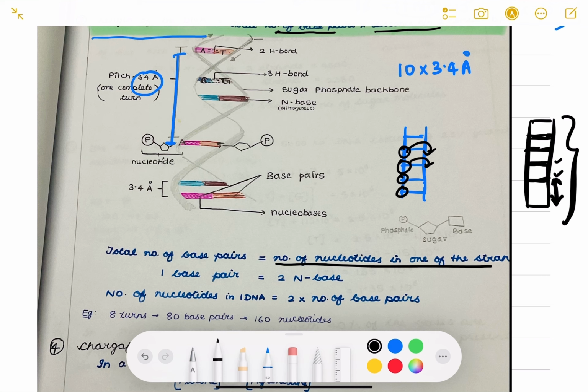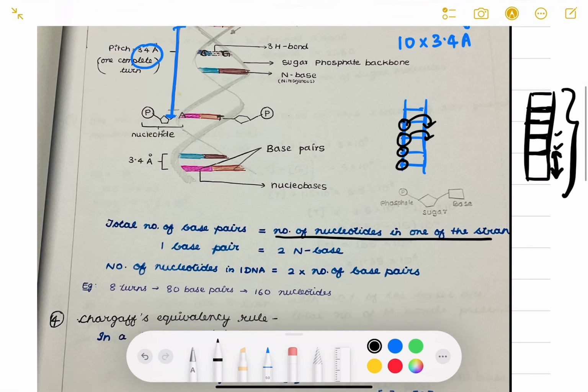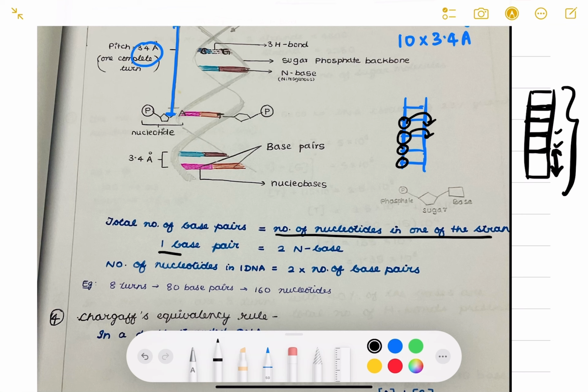So instead of giving the total number of base pairs, they'll give you the number of nucleotides in one of the strands. And you also know that one base pair has two nitrogen bases. This is one base pair; these two together constitute one base pair. Whereas if they give you the number of nucleotides in one strand, they mean only this.